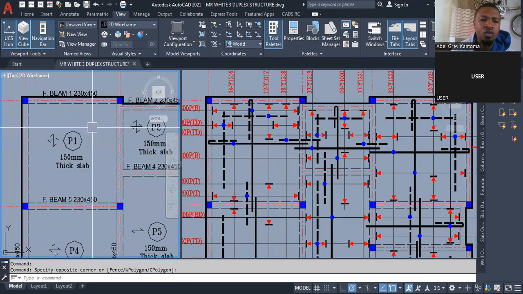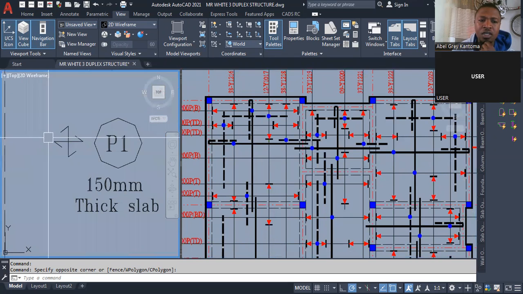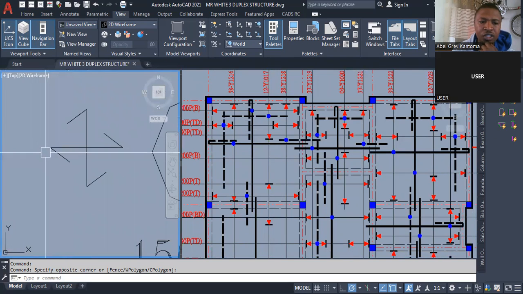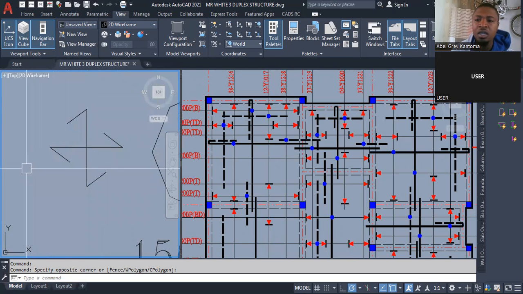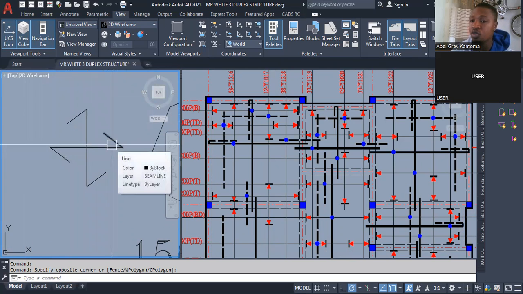For a two-way slab, you can see this in two directions. This one is coming this way, and the other is coming this way. They are coming in two directions. That is what two-way means.